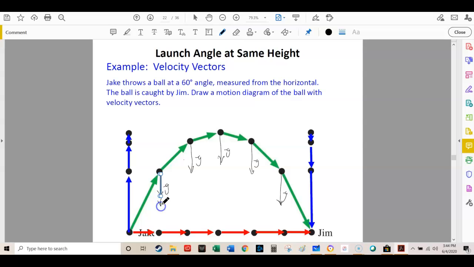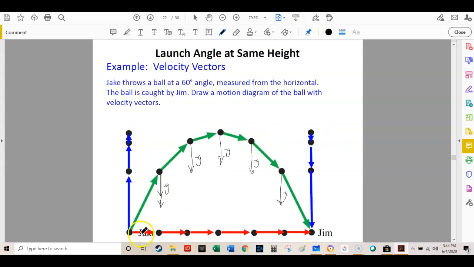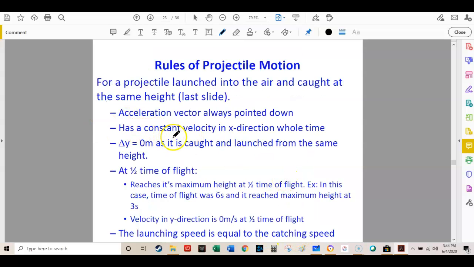I'm going to make this a little bit bigger. So gravity is always pointed downwards. In the x direction, it has a constant velocity the whole time. That's one other conclusion that we can make, which is right here.